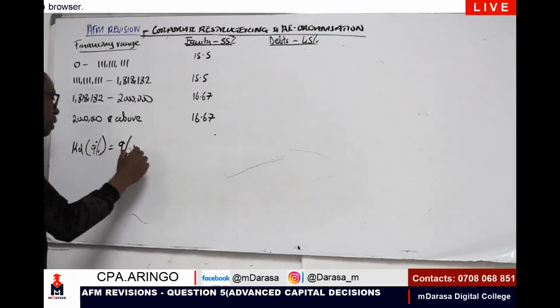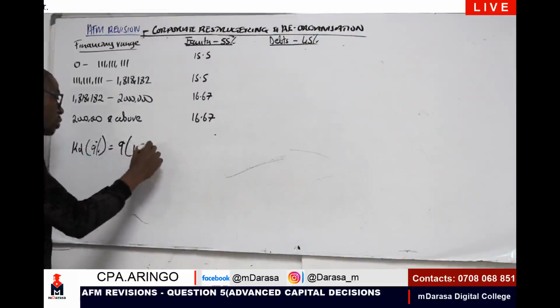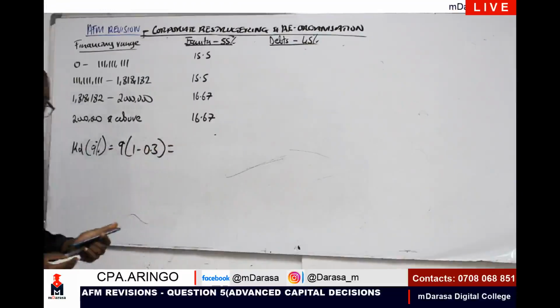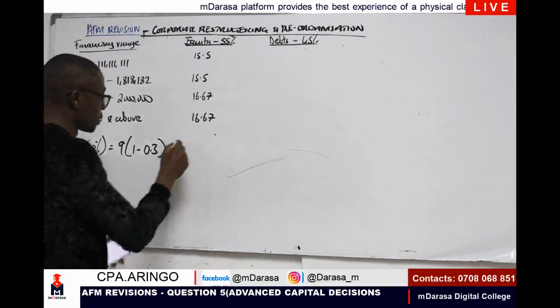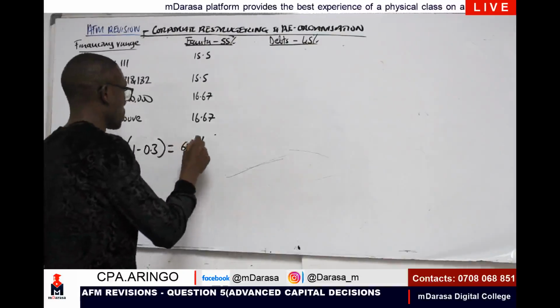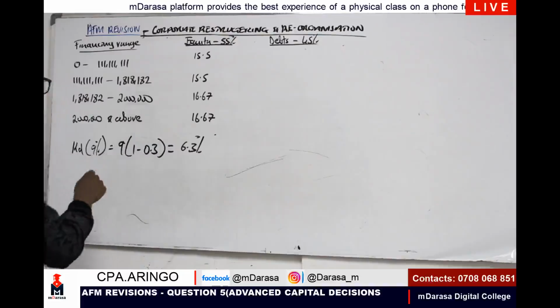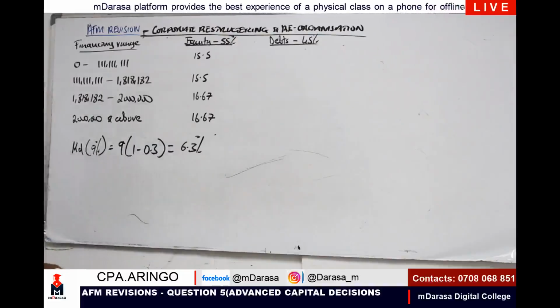After tax should be 1 minus 0.3, which will give us what? So basically I should be talking of 9 times 0.7, which will give us 6.3%. Remember, I'm already given the cost, right?